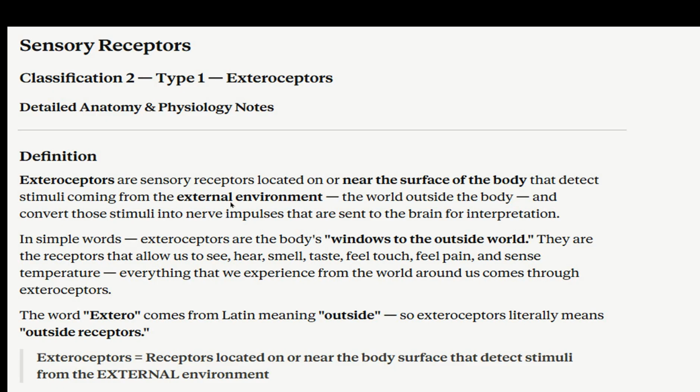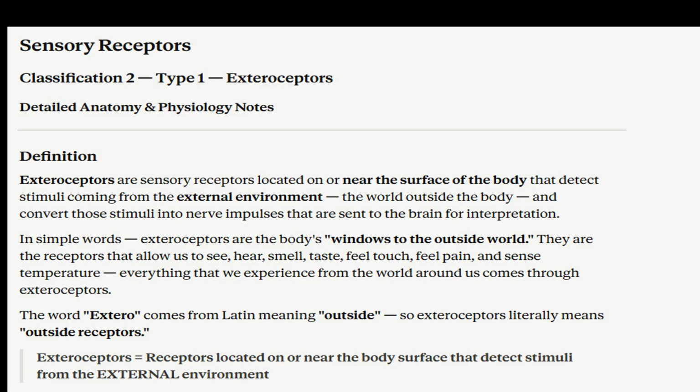These sensory receptors are located either on the skin or near the surface of the body, and from there they detect stimuli coming from the external environment. So you can say they mainly monitor the outside of the body, and then convert those stimuli into nerve impulses that are sent to the brain for interpretation.